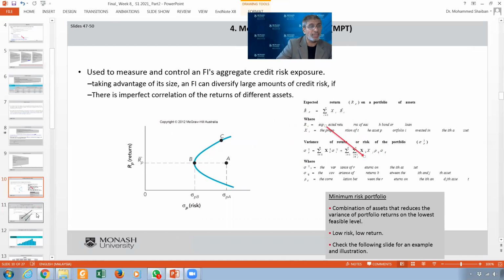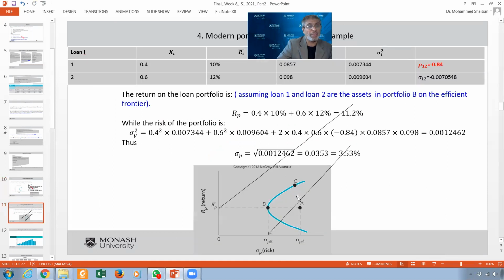And this is what we did here actually. So we take the first weight, this is the second weight. First weight times its variance. Second weight times its variance.